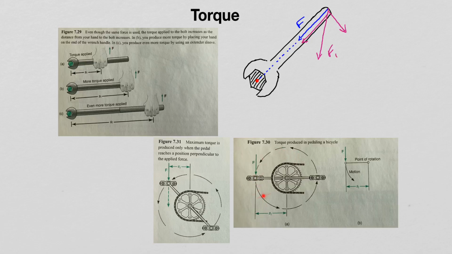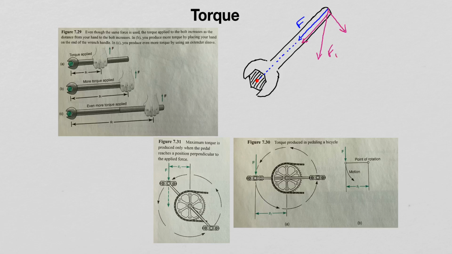However, in this particular situation, as the pedal turns, now the pedal is perpendicular to the applied force. In this case, the force is the same, but the distance from where the force is applied to the axis of rotation is bigger compared to the previous position of the pedal. And so the generated torque in the second situation here is larger than the generated torque in the first situation here.